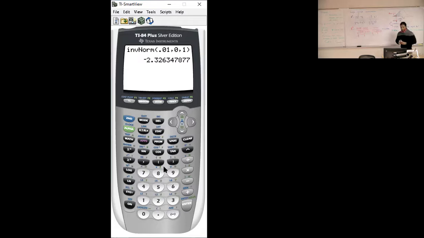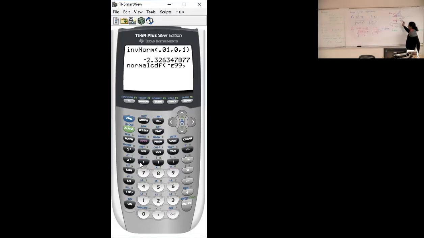So how do we find the p-value? Second vars, number 2. We start at negative infinity because it's the area below. So negative, second comma, 99.